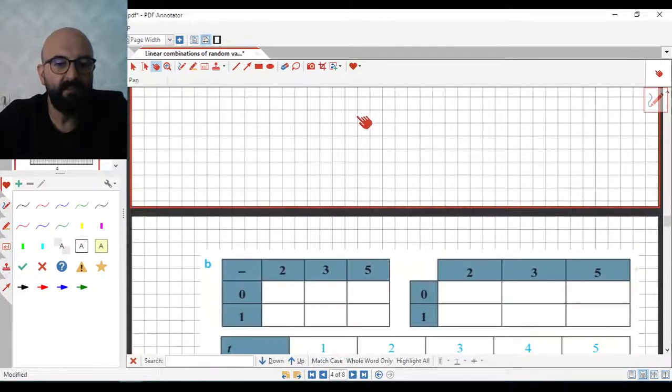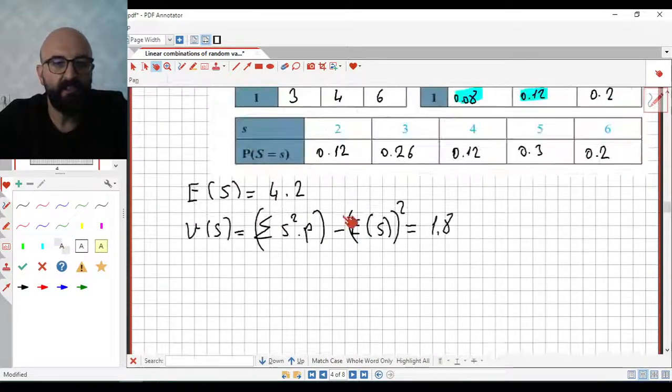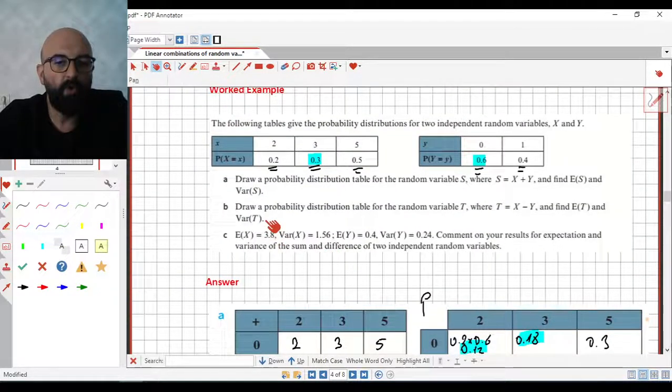And then the other section, B question: draw a probability distribution table for the random variable t. T means x minus y. Find the expected value of t and variance of t.